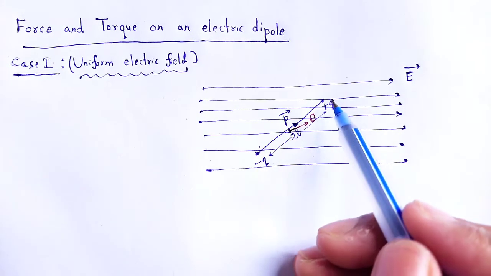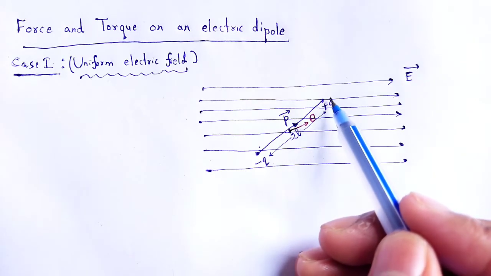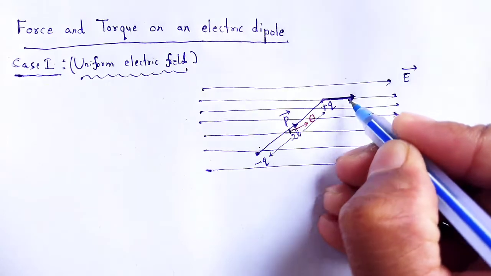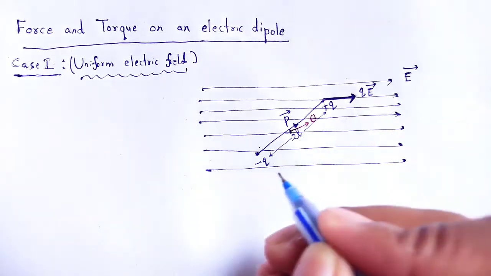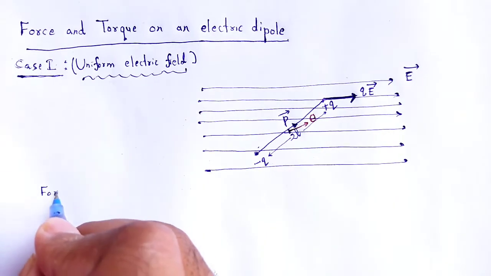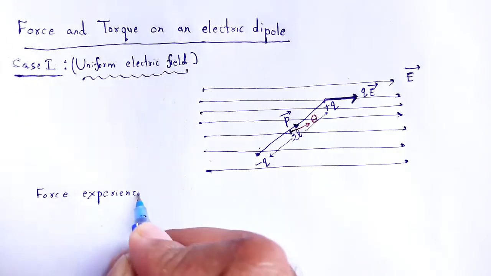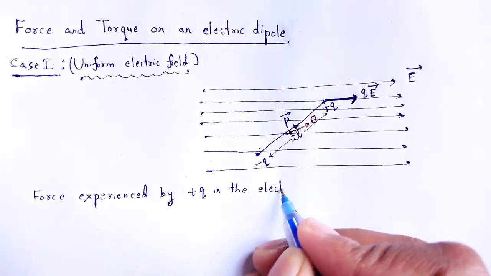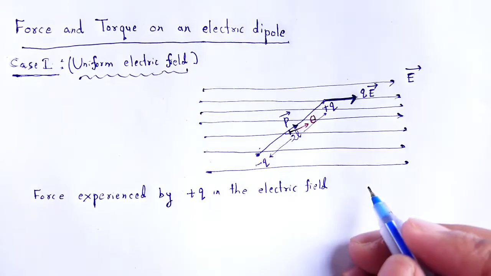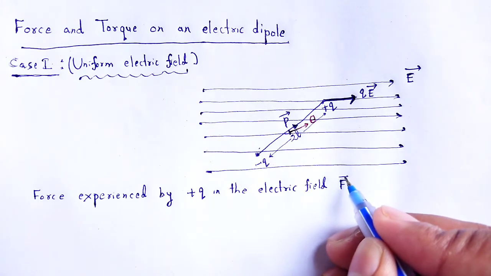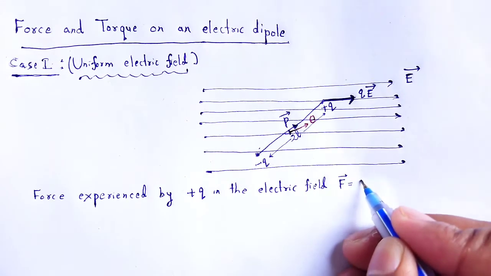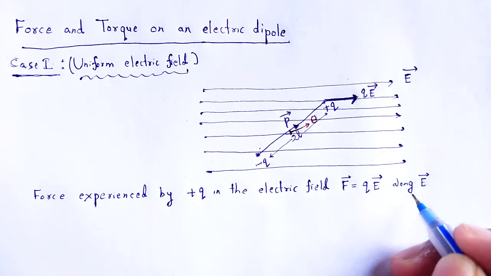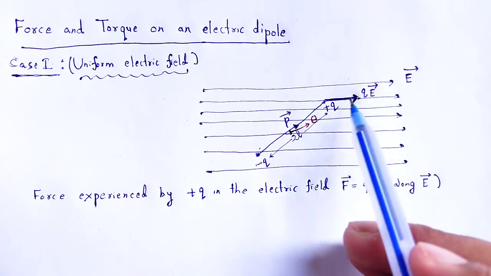The force experienced by the positive charge plus q in the electric field is F equals qE, along the direction of the electric field.